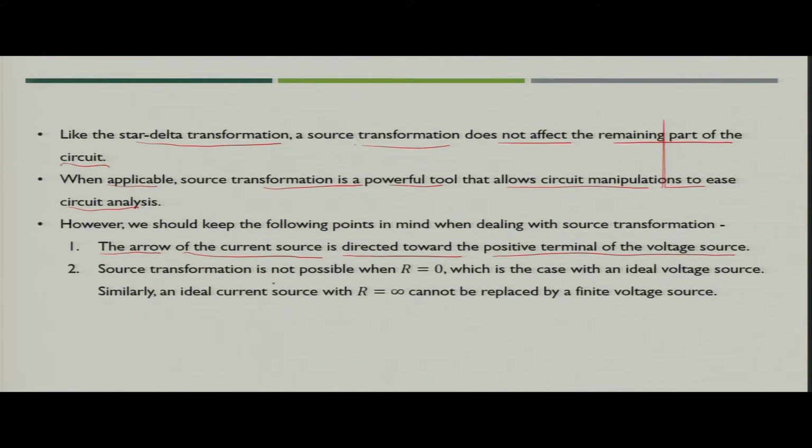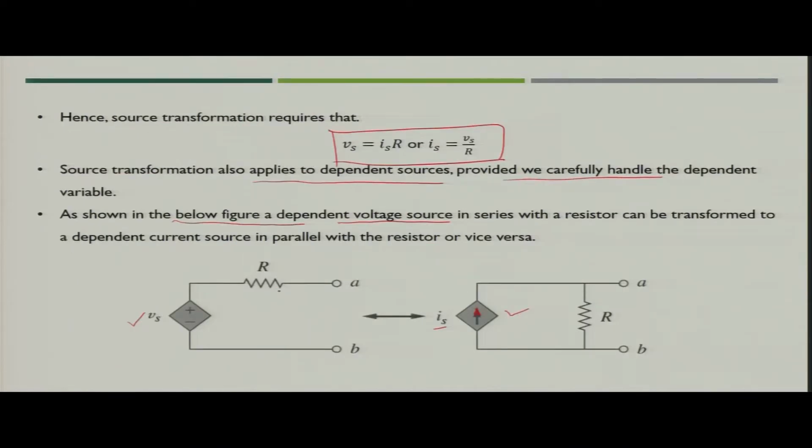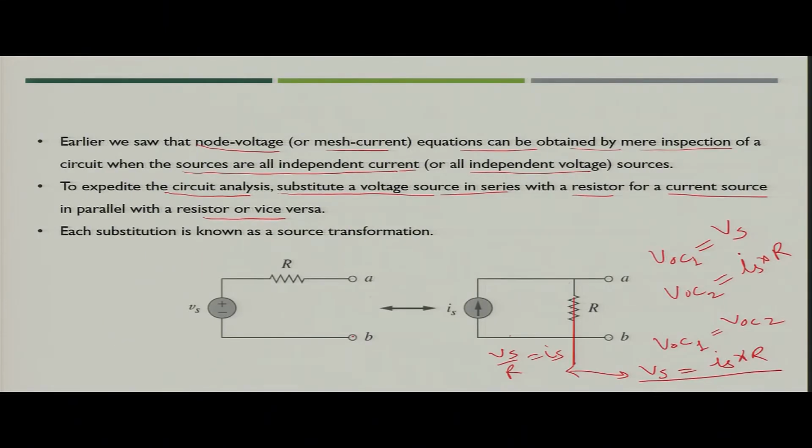Now, source transformation is not applicable when R is equal to 0 in case of the voltage source. If you make R equal to 0, this will become an ideal voltage source, and if you make R equal to infinity, this will become an ideal current source.